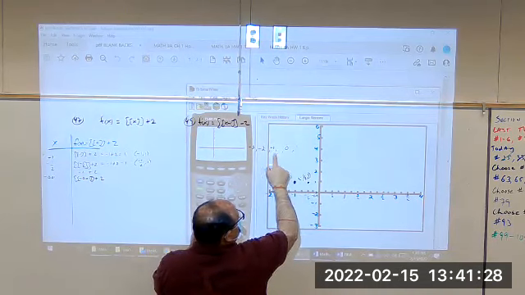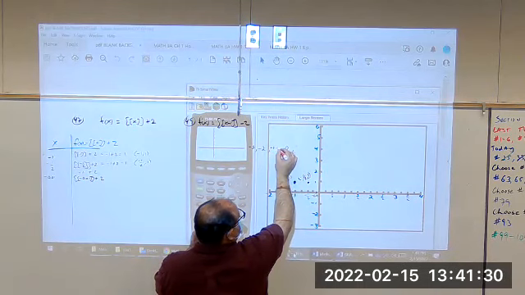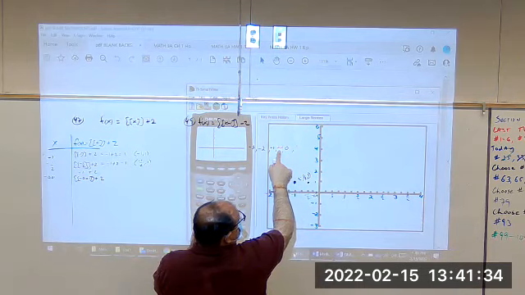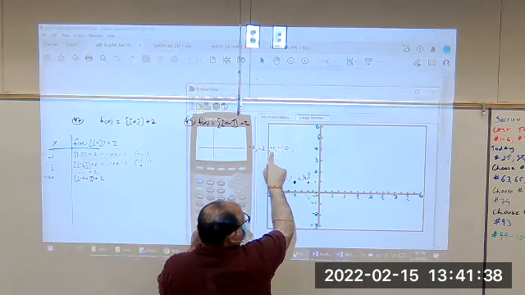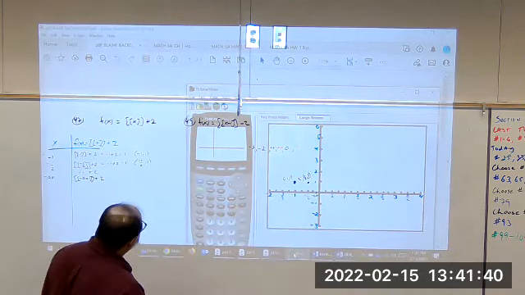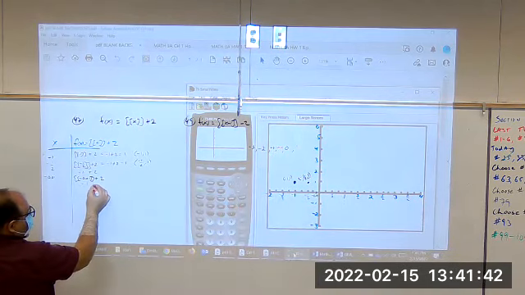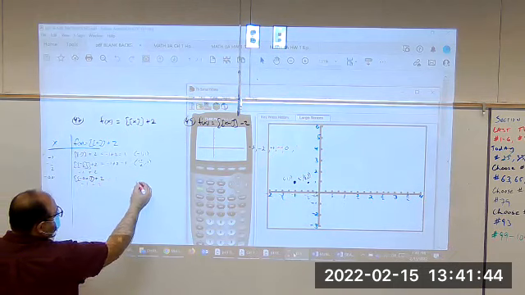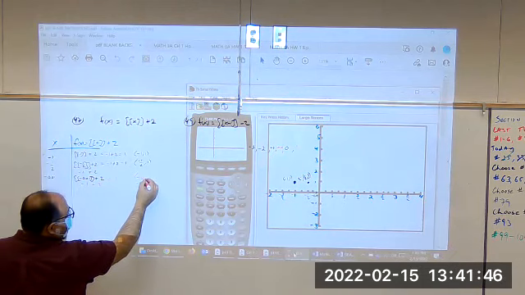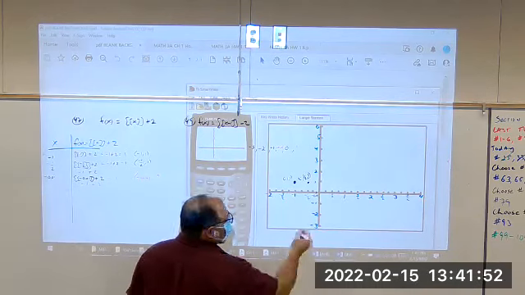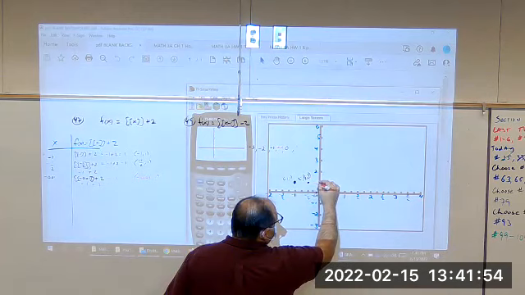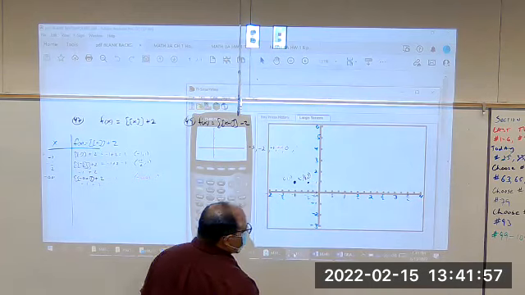It's still in between negative 1 and 0. So what's the biggest integer that's less than this negative penny? Negative 1 again. So this is negative 1 plus 2, and we get positive 1. So at a negative penny, we still get a positive 1. So it's another solid point right there.